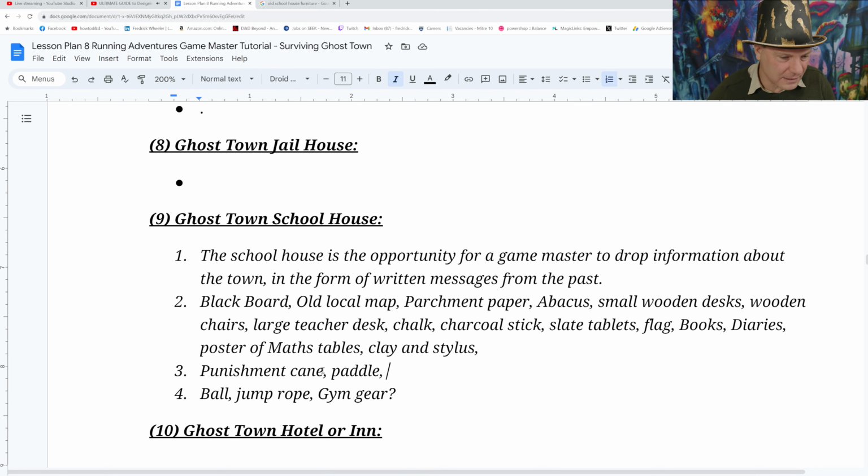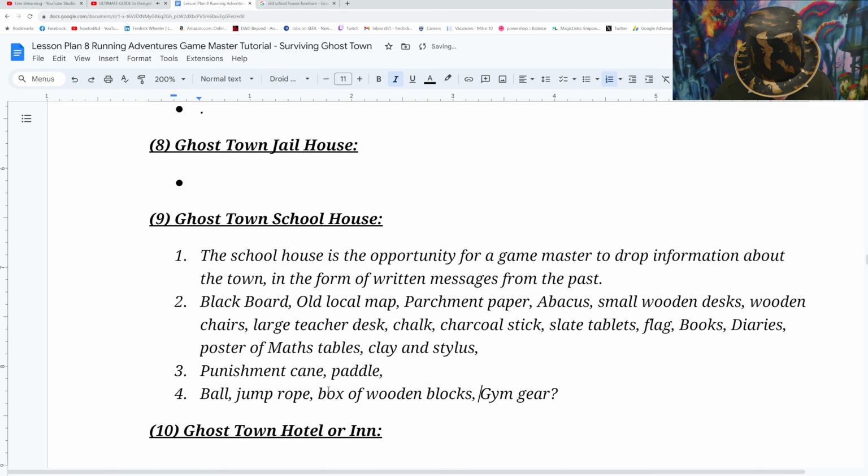Box of toys, yes. Yeah, a box of toys. I'd say that'd be about right. Box of wooden blocks. That was such a common thing. Box of toys. Really depends on what age you were.